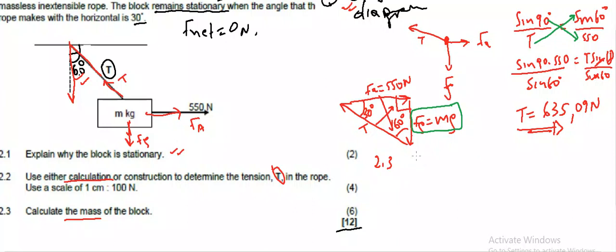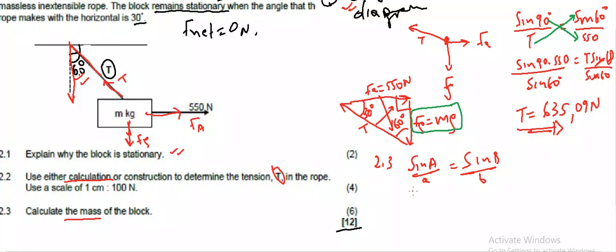Sine rule. Sine of angle A divided by the side opposite to A equals sine of angle B divided by the side opposite to B. So in this case, we have force applied, which is opposite to 60.